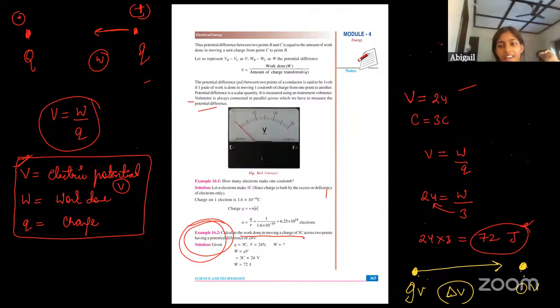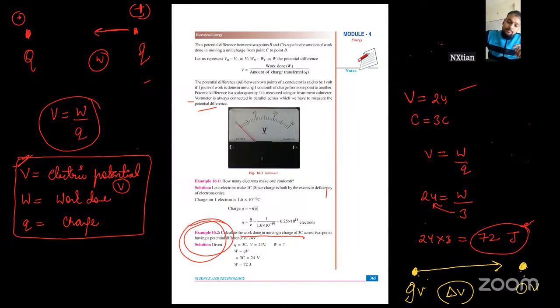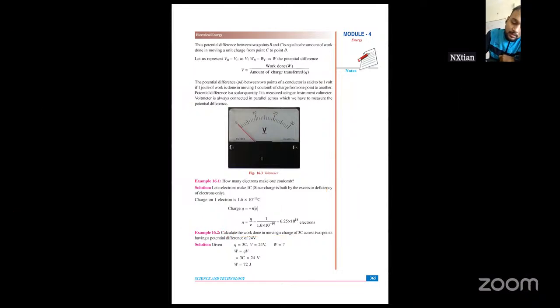I kind of understood, sir. Can you explain one more time? Okay. For example, this is a cell. This is the positive terminal and this is the negative terminal.